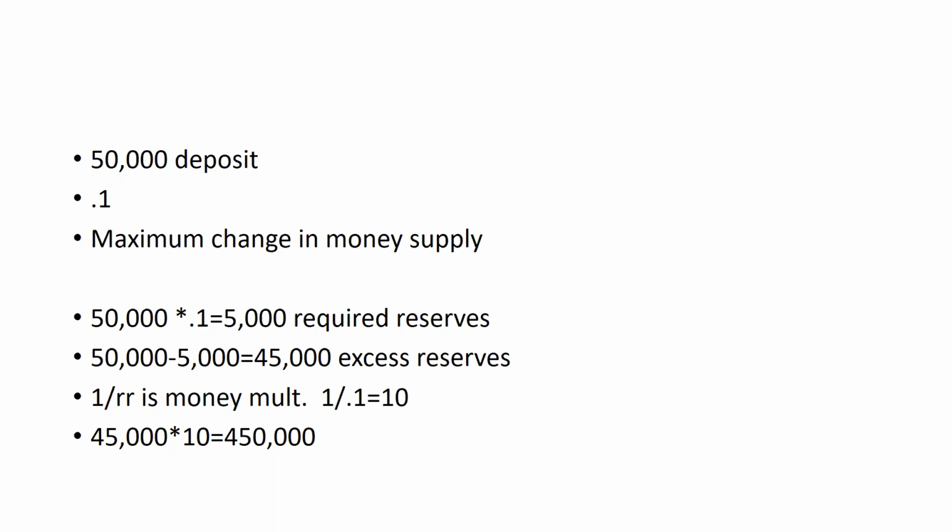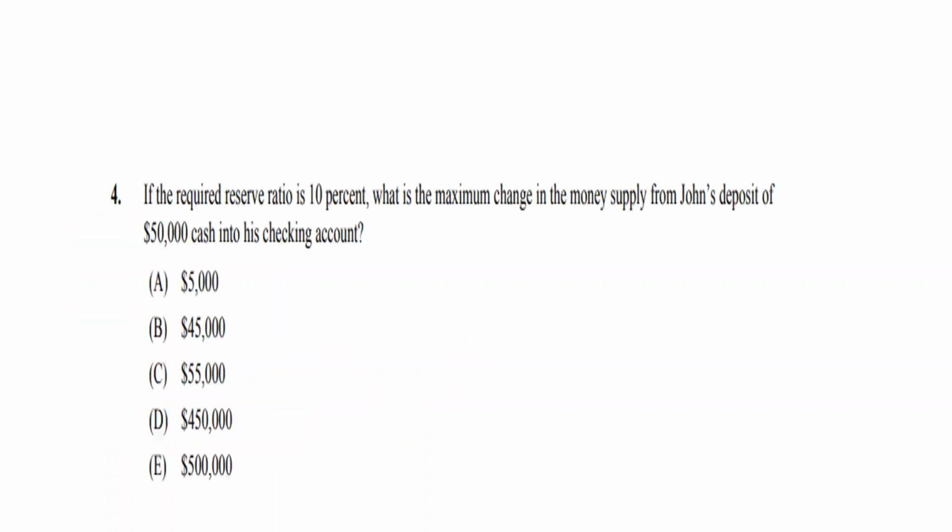I then know, because they want the maximum change in the whole money supply, I need to use the multiplier. The money multiplier is 1 over the reserve requirement. 1 over 0.1 equals 10. 45,000 times 10 is 450,000. I'm going to go back, and the answer is D. Now, how about if they flip this and say John withdrew 50,000 in cash?